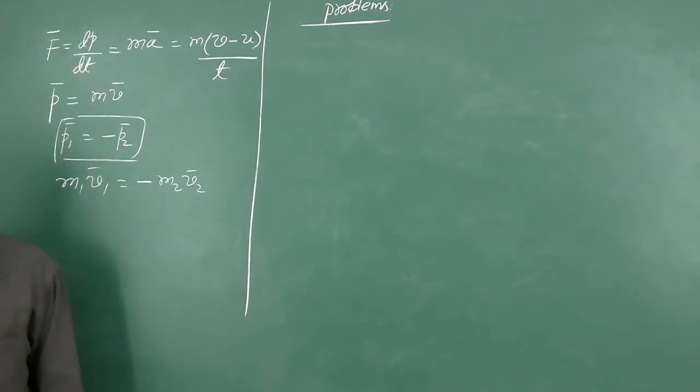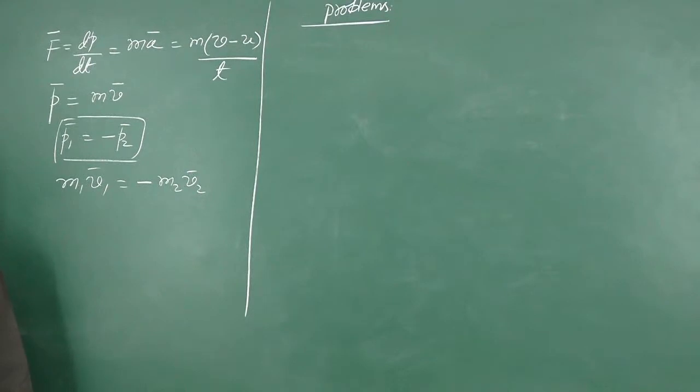To take one problem: a retardation force of 100 Newton is applied to a body of mass 50 gram moving with a speed of 20 meter per second. How long does the body take to stop?